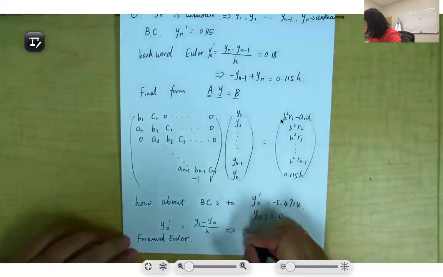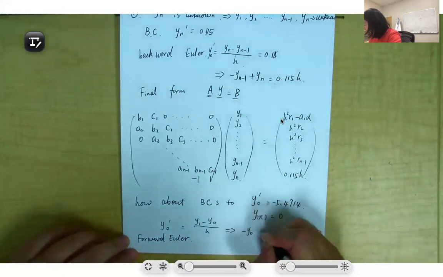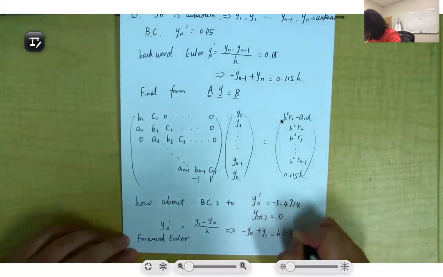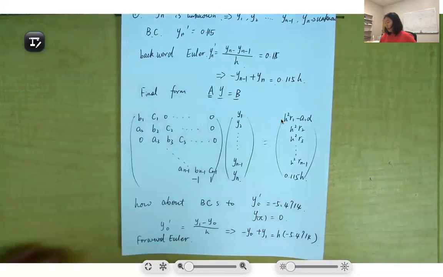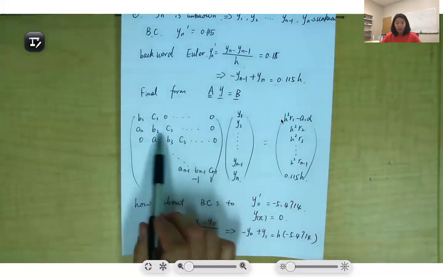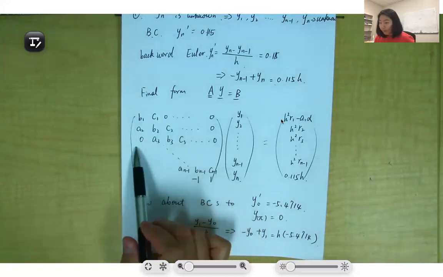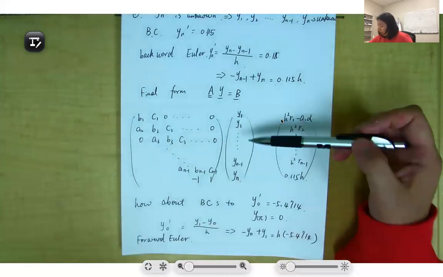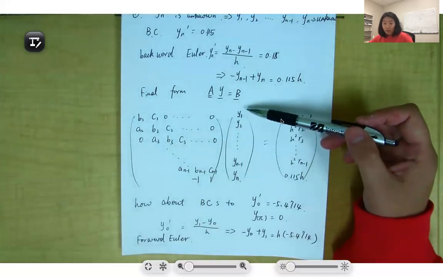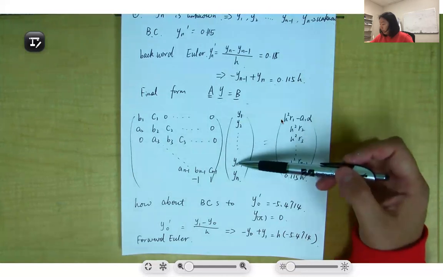The left boundary will be negative y0 plus y1 equals h times negative 5.4714. So instead of the first row being B1, C1 to y1, your size changes to y0 to yn minus 1.